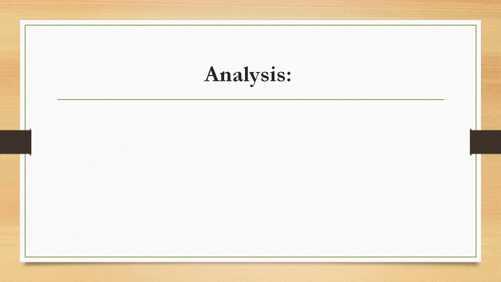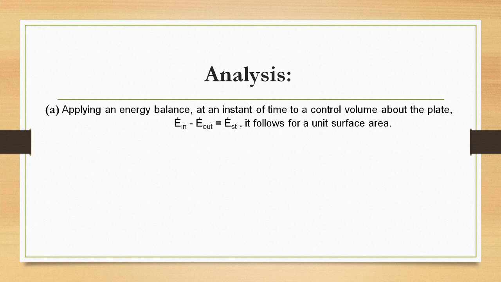Now we'll jump into the analysis, and for part A, we would apply the energy balance equation at an instant of time to a control volume about the plate, which is E dot in minus E dot out equal to E dot st. It follows for a unit surface area. We can use this formula only if we consider a unit surface area.